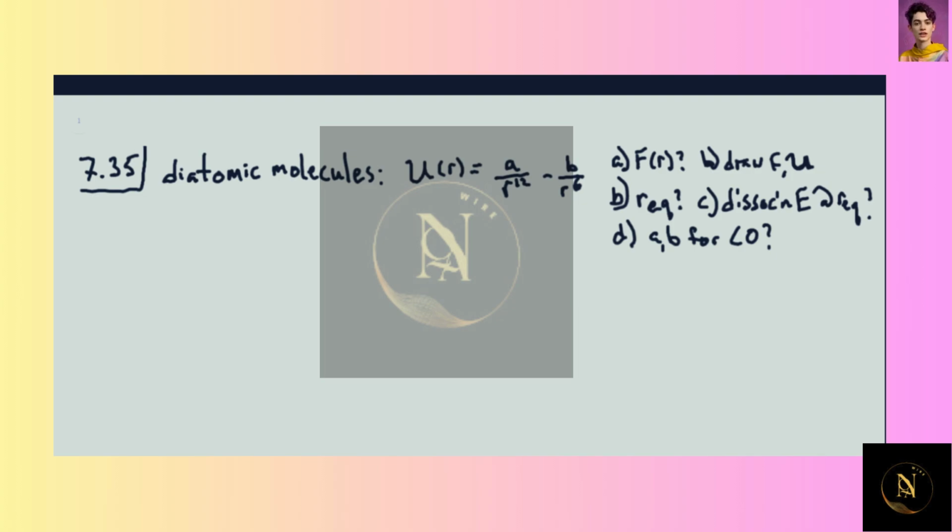And when we want to sketch the graphs of the force and the potential energy, we want to find the equilibrium separation R. Oh, I'm sorry, this is part of part A. So let's just ignore the B here.